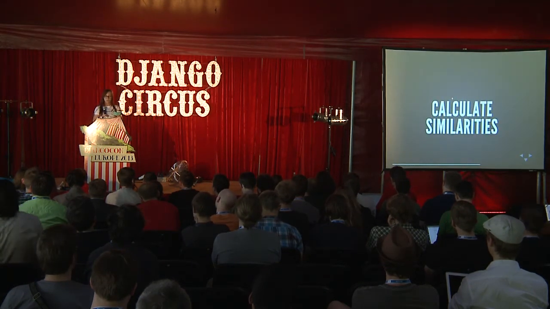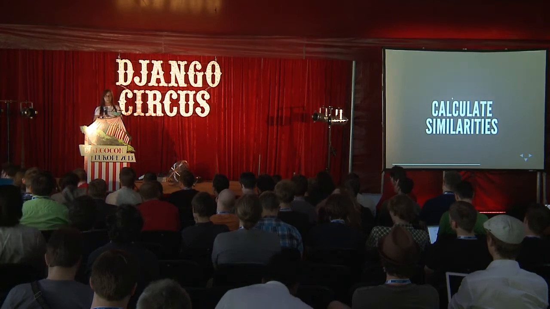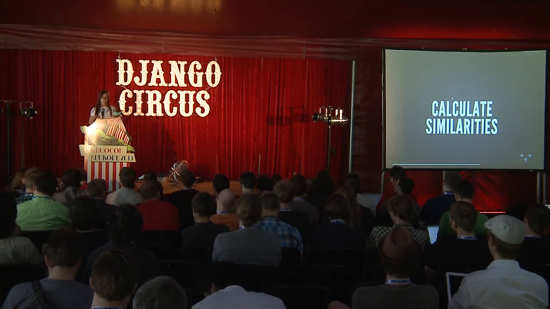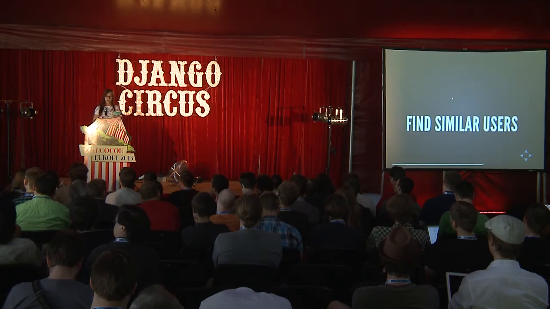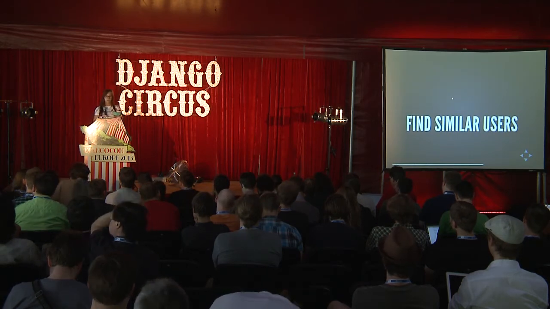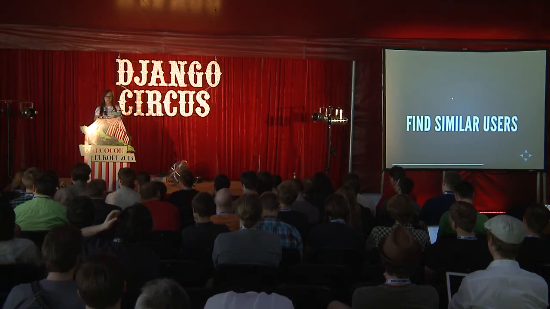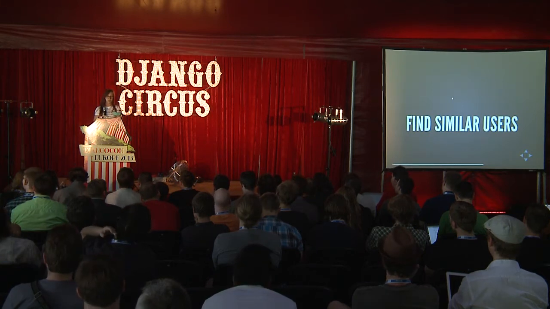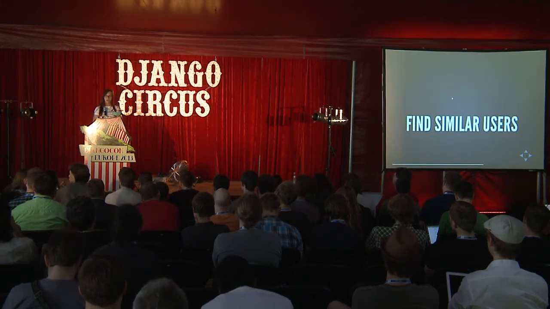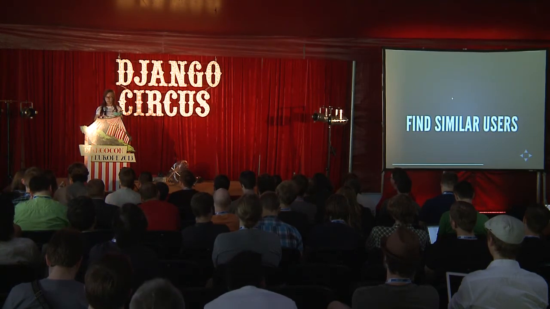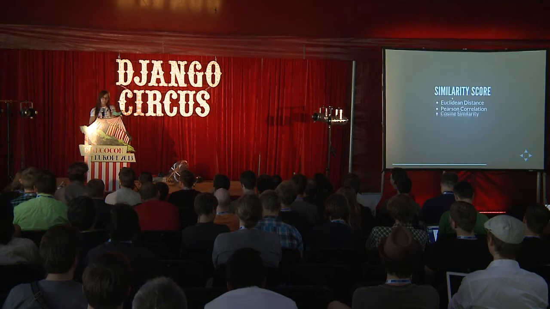While we have collected the data, we want to calculate similarities between the users. We start by finding similar users. This is collaborative filtering, a collaborative recommendation system, but we just want to start with it to understand the whole idea.